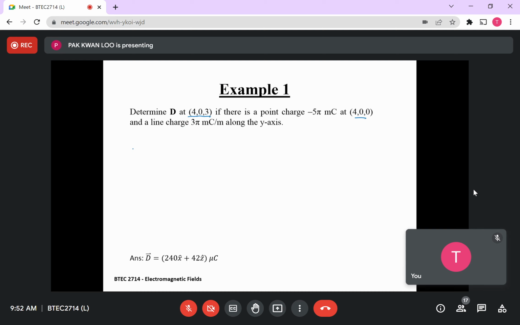So if the line charge is along the y-axis, it can be considered an infinite line charge.